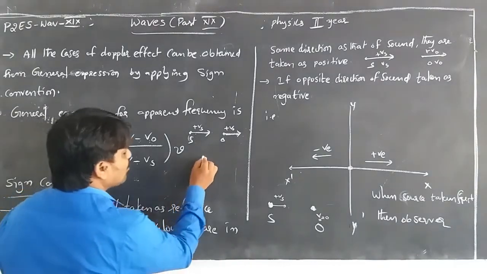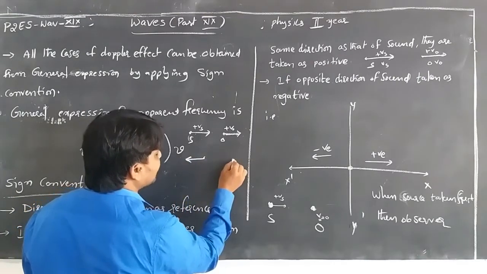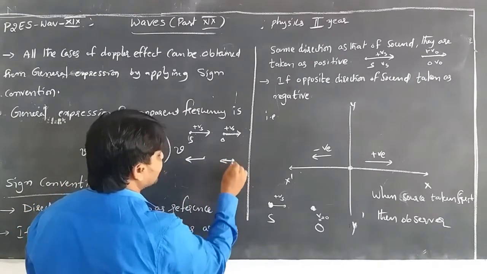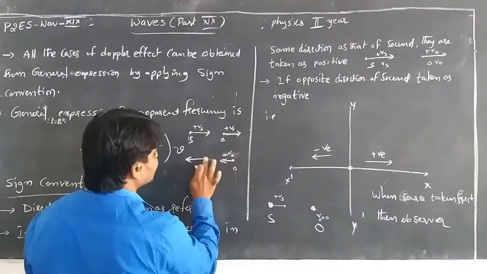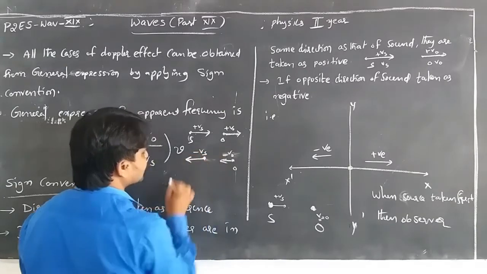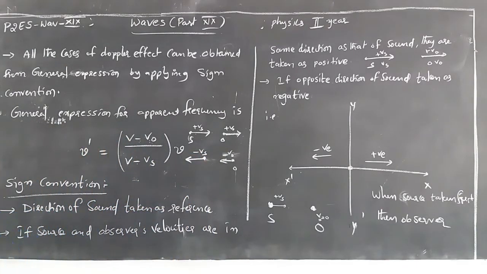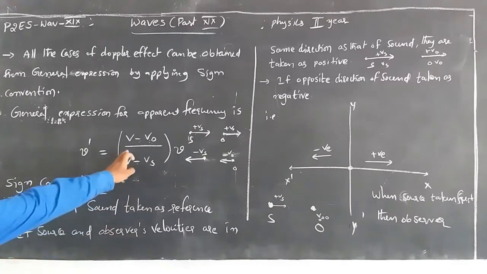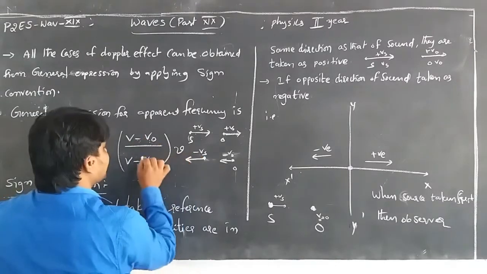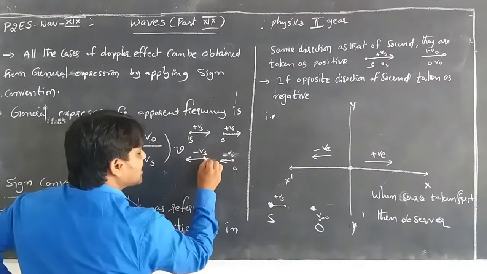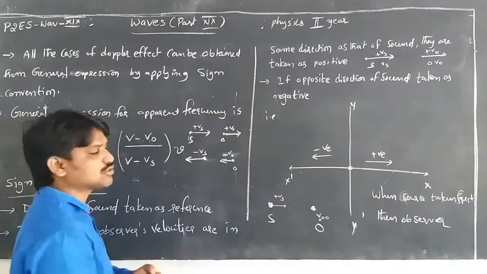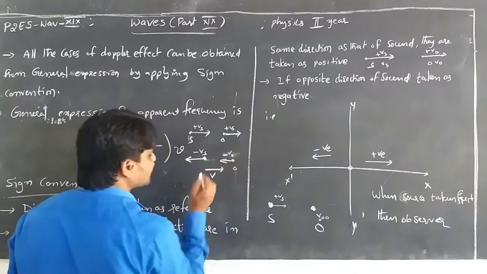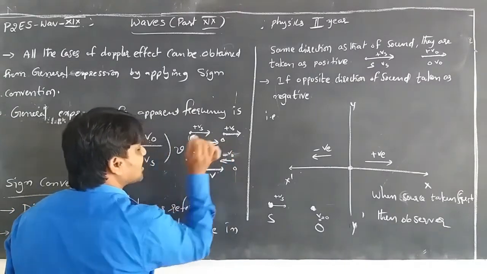If both are in opposite directions, meaning the observer is behind the source, this is the observer with velocity minus V naught, and the source is moving opposite to the sound, which is moving in this direction, so minus Vs. Then from the equation we get V plus V naught by V plus Vs, that is minus of minus V naught, because the sound always moves towards the direction of the observer, since the observer receives the frequency. So here is the direction of V, the velocity of sound.